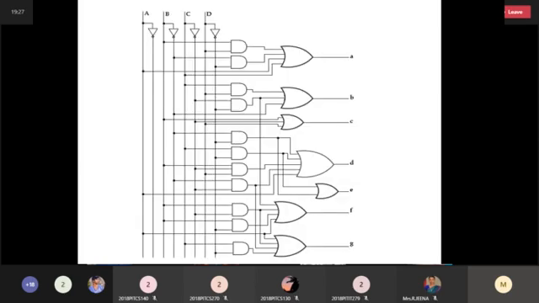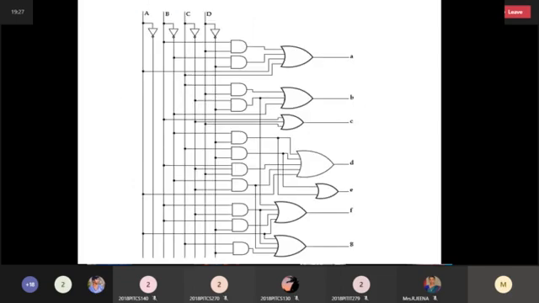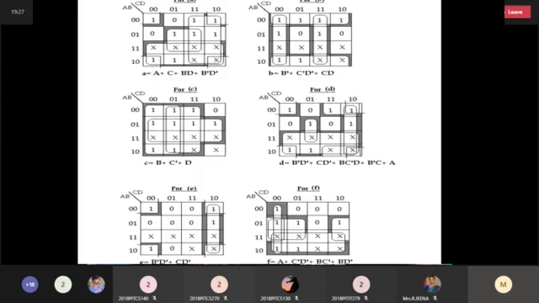So at last you have to draw the logic diagram using these Boolean expressions. For A, what are the inputs? A plus, this is an AND gate. First you have to draw the AND gates. B and D using one AND gate, and B bar D bar using another AND gate.